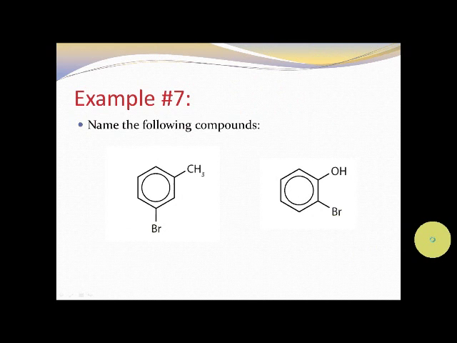So for example 7, let's name these compounds. Let's use the meta, ortho, and para way of doing things. Okay? So the benzene is kind of in the middle, so we're just going to keep that as our base for both of these.